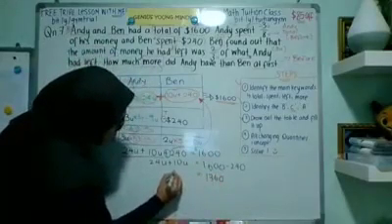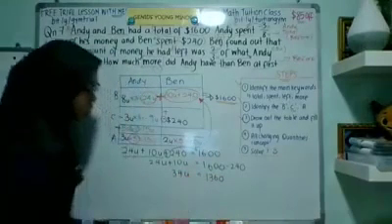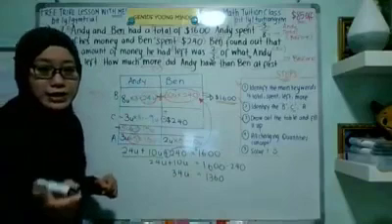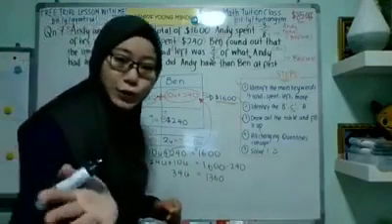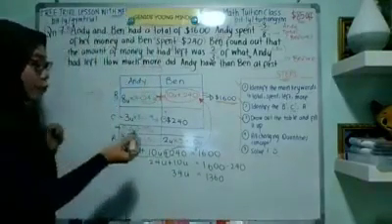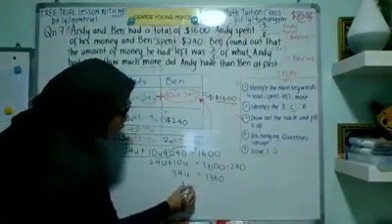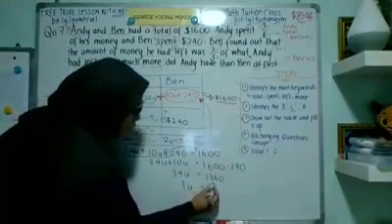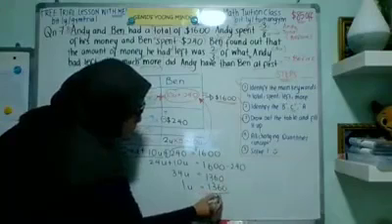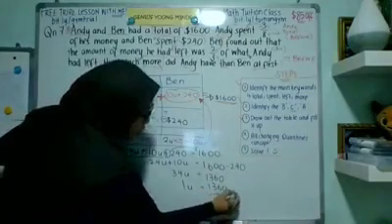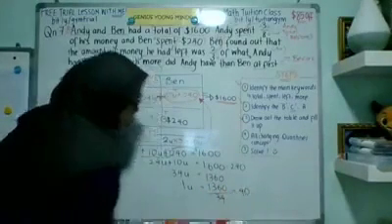Here I get 34 units. So 34 units is 1,360. So far so good, right? So now we solve for 1 unit. So 1 unit is 1,360 divided by 34 gives me 40.